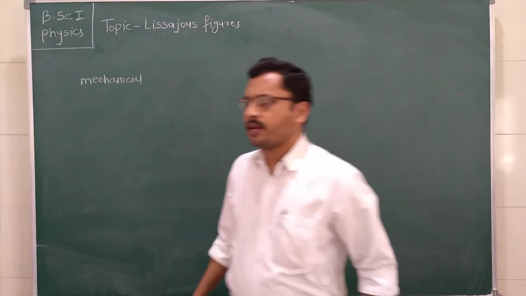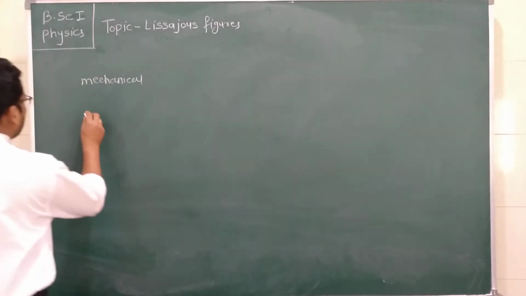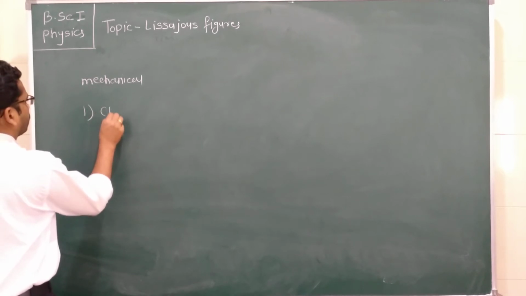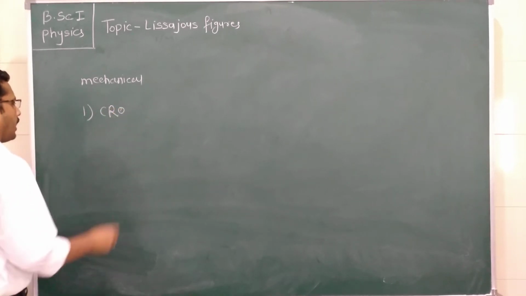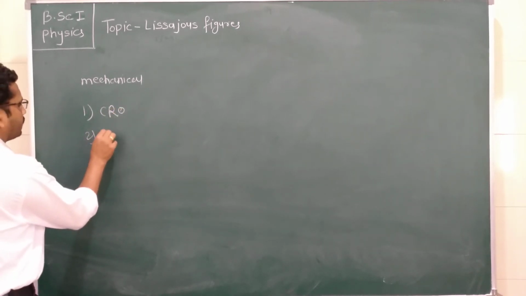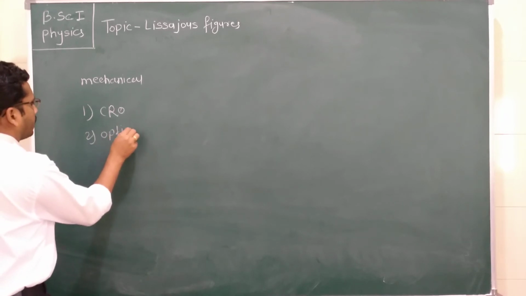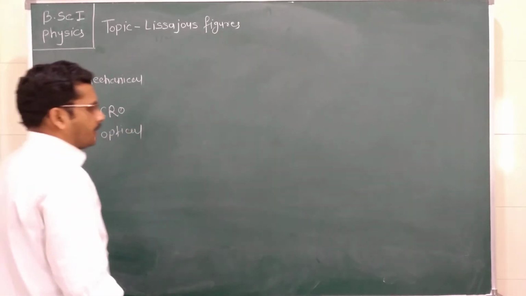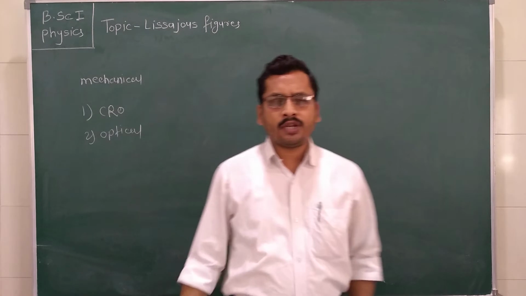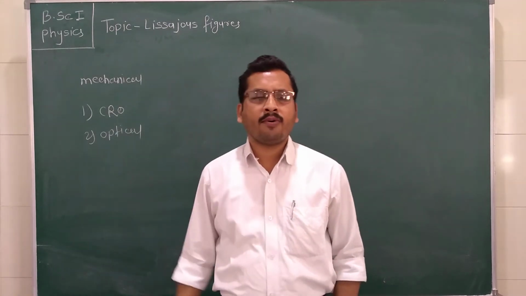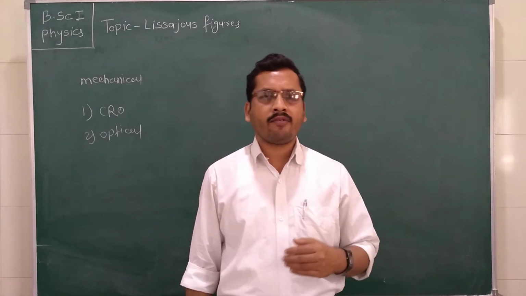A Lissajous figure can be obtained by using a CRO, and the second method is called the optical method. The CRO is a monitor in which there are four plates, XX and YY.